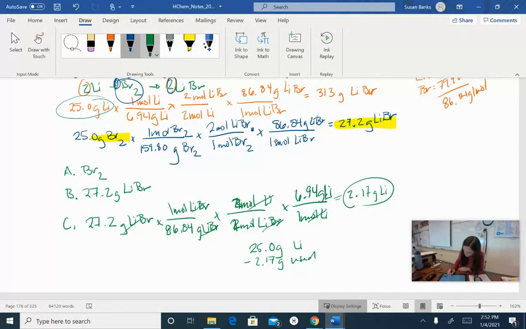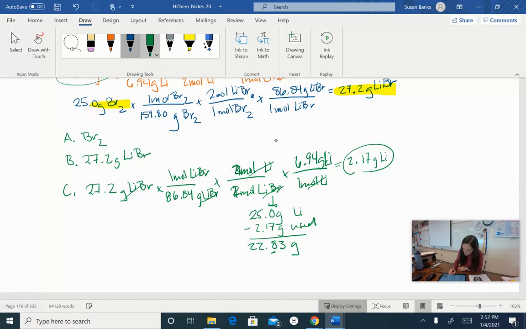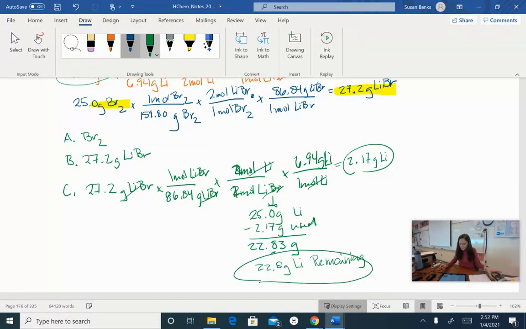So 2.17 used gives me 22.83 grams. But notice this only goes to the 10th, so I can really only go to the 10th. So I have 22.8 grams of lithium remaining, with my sig figs.